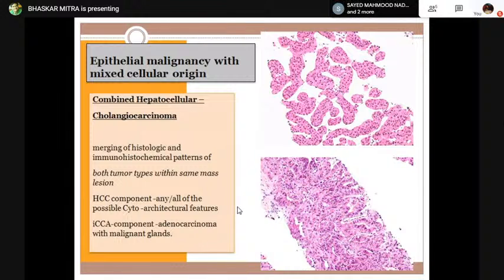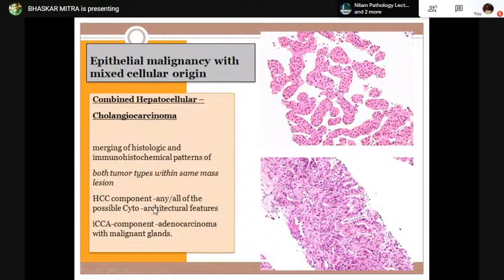What is the definition of this? This shows a combined hepatocellular and cholangiocarcinoma-like appearance. There is a merging of the histological and immunohistochemical patterns, not on the same group of tumor cells, sorry, on different groups of tumor cells, but both are present in the same tumor. Okay? Same mass showing both tumor types.